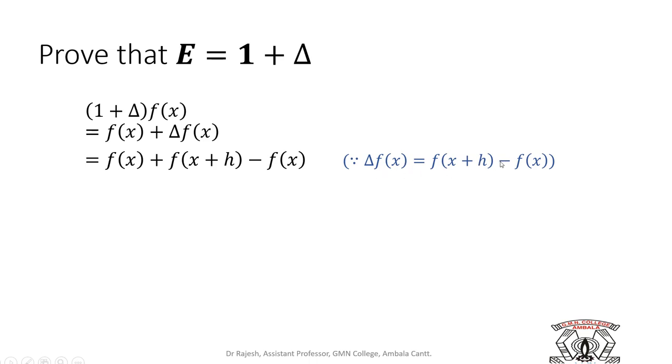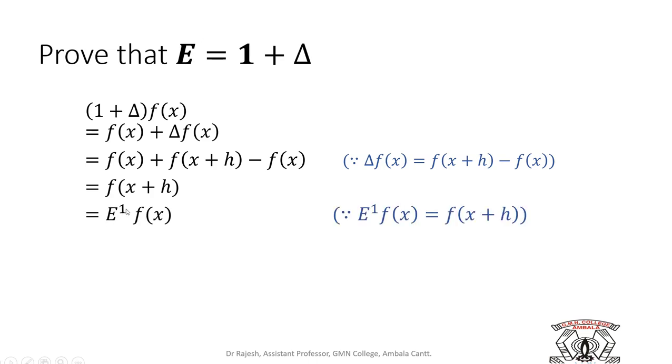We have used this definition of the forward difference operator. Now you can see that this and this cancel out, so we are left with f(x plus h). By the definition of the shift operator, when E is operated upon f(x), it gives back f(x plus h).